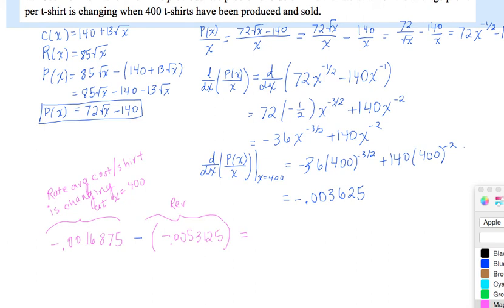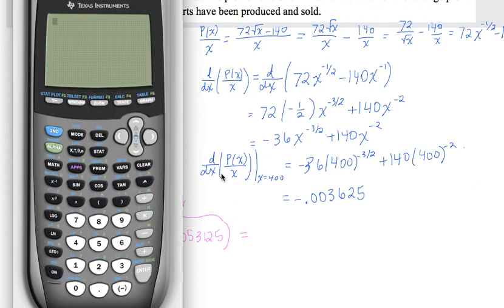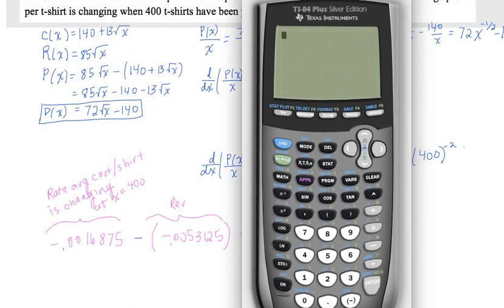So if we go to the calculator and we subtract those two numbers, we've got negative 0.0016875 minus negative, or plus, 0.0053125. We get 0.003625.